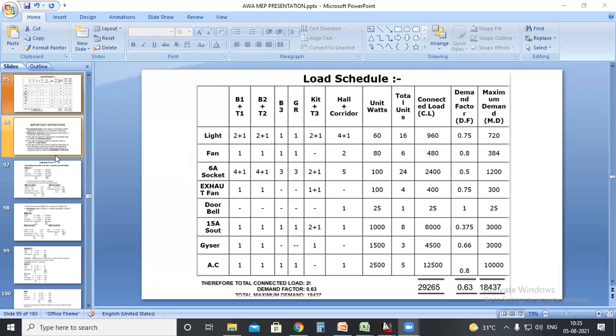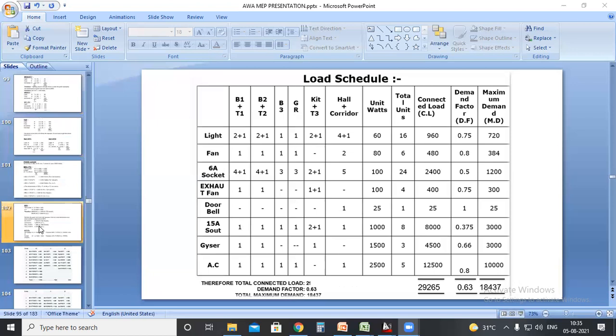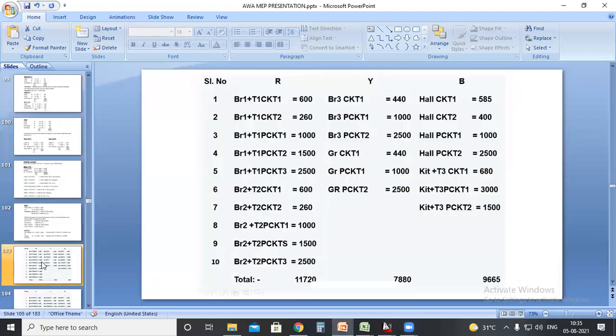This is like trial and error. We'll be arranging some loads, checking the total load for each phase, and then checking the average load and whether it is coming within the upper limit and lower limit. That is the procedure. I will show how to check whether it is balanced or not.